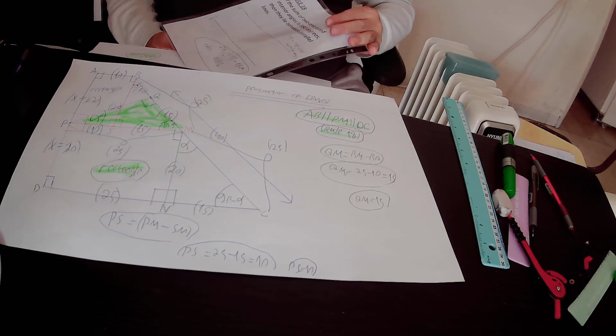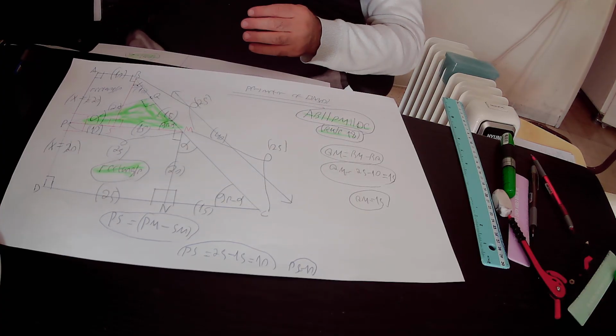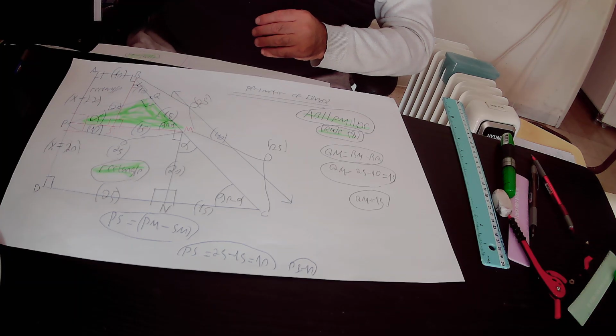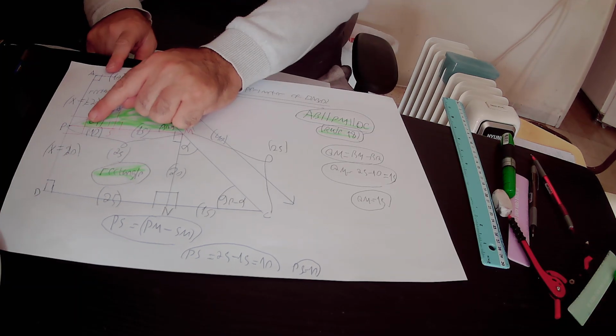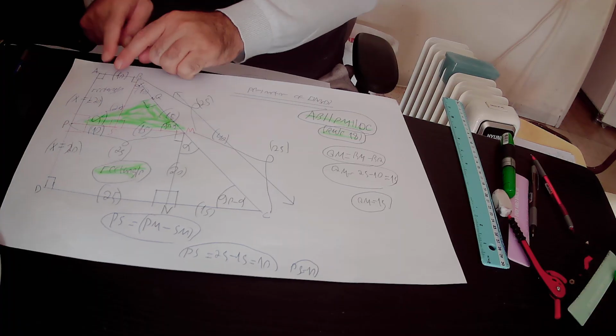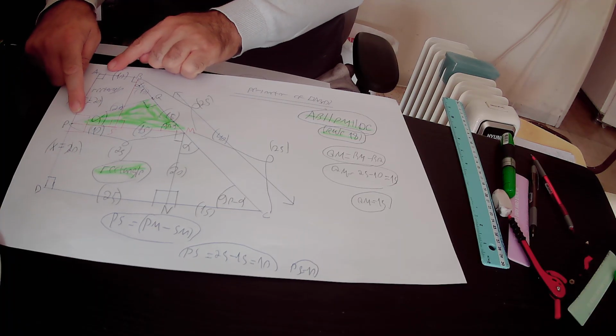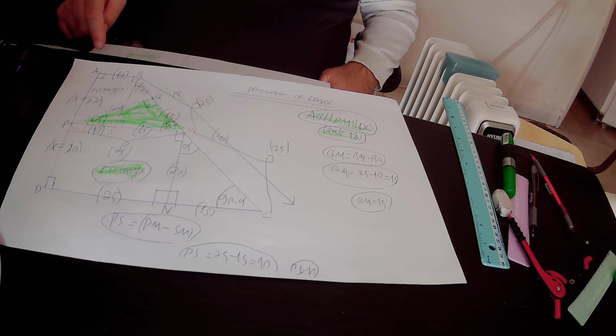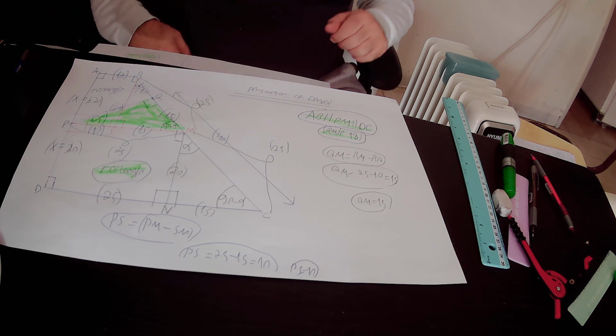So, can I implement Rule 18 in our drawing? In our drawing, the sum of those 2 one-sided interior angles is equal to 180 degrees, and therefore they must be located between parallel lines. That is to say, AB is parallel to PM according to Rule 18.